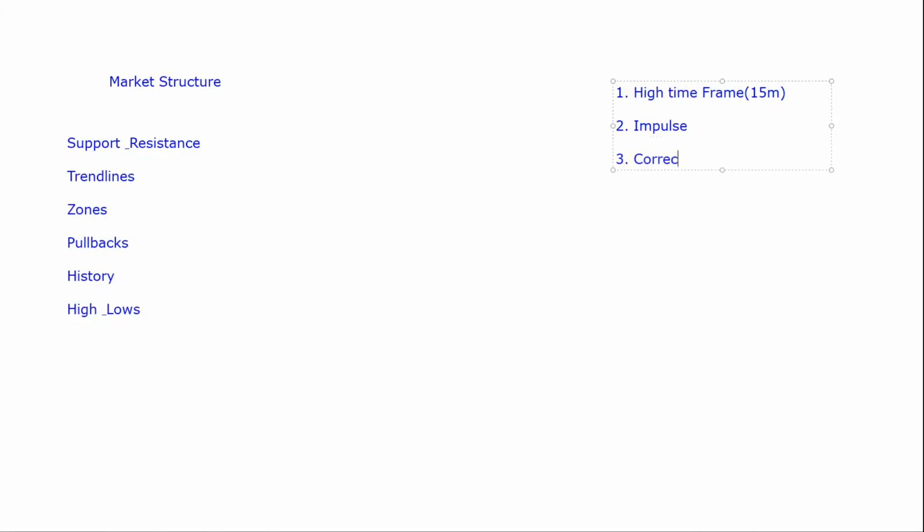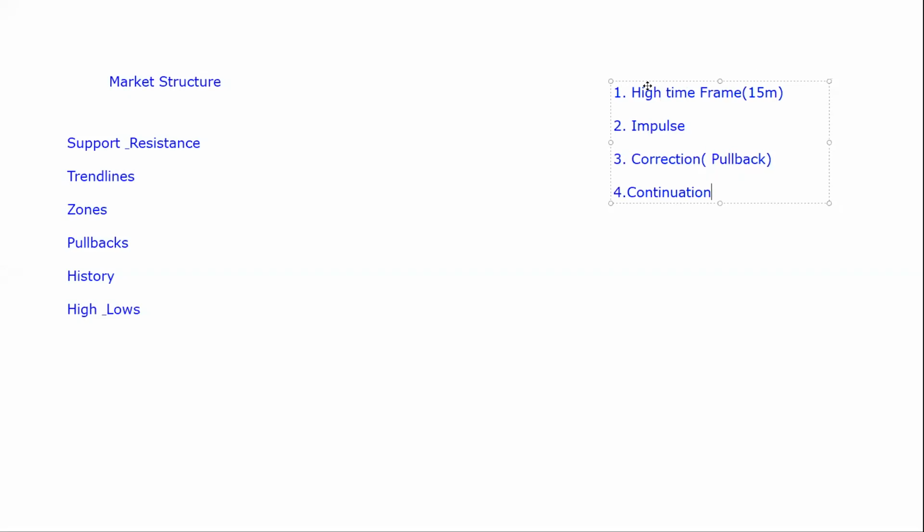A correction can also be called a pullback. It's all the same thing. And then after your impulse and your correction, you typically get what we call a continuation move, a continuation of the major trend.